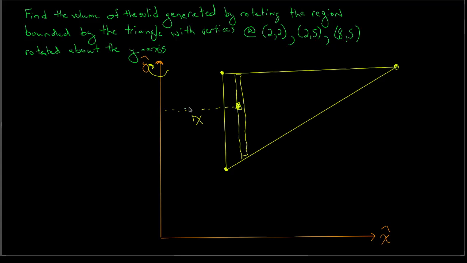And so I could make cylindrical shells with these heights bounded by these two curves. So I need to find out what these two curves are to set up my cylindrical shell.